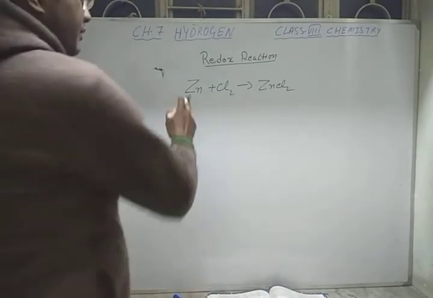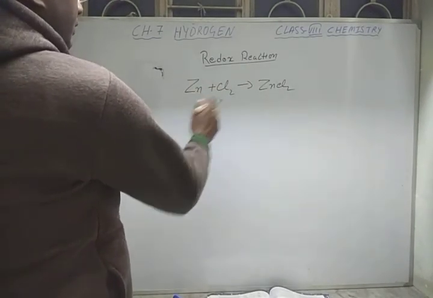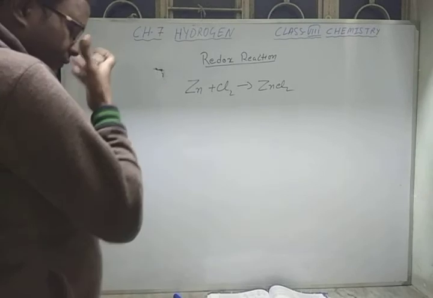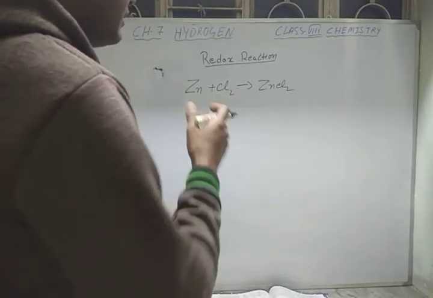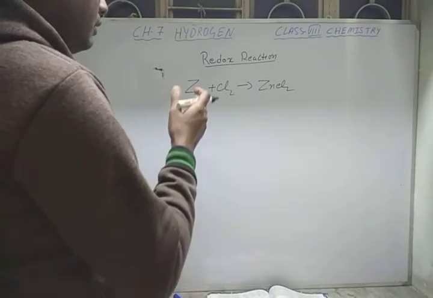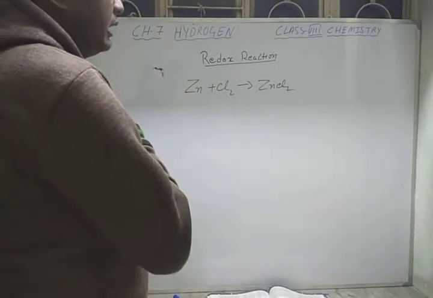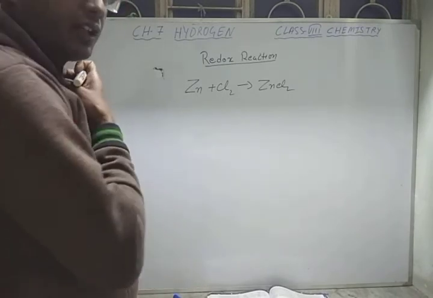What happens when zinc and chlorine combine? By the number of electron exchange, we can say how zinc chloride is formed. In the outermost shell, zinc has 2 electrons, whereas chlorine has 7 electrons.